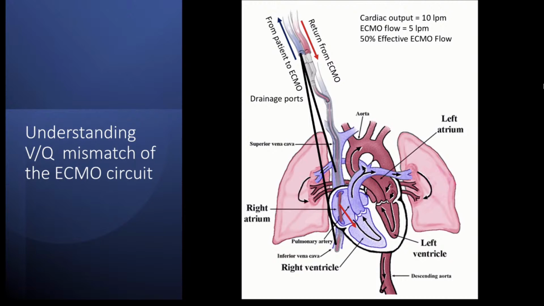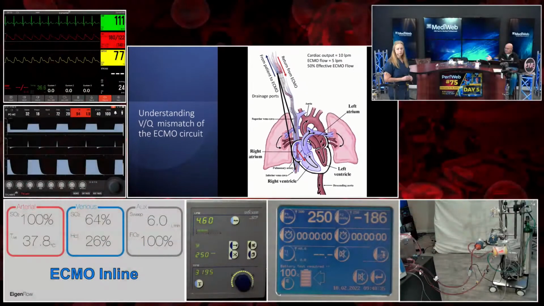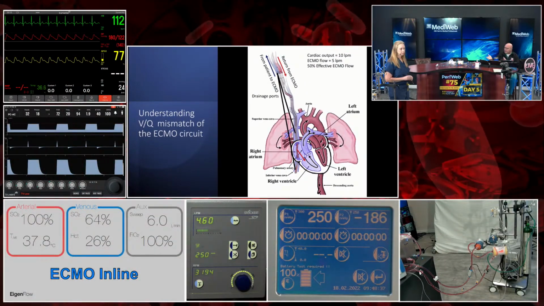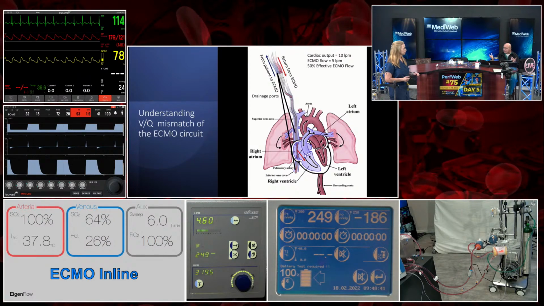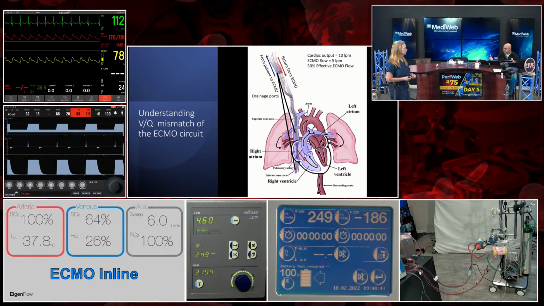It's the same exact phenomenon as a VQ mismatch of the lung, but you're just doing it with the lung not part of the equation. Now, if the lungs can contribute, you can make that smaller. In this scenario, where you have a tidal volume of 99, you're probably not really getting much in the way of lung contribution.